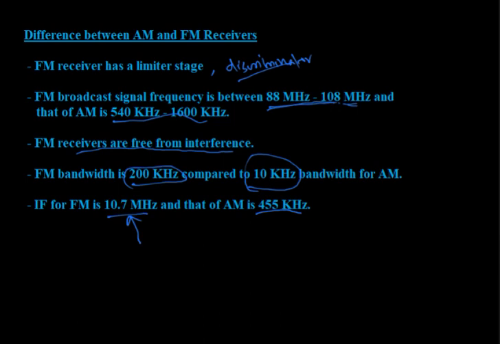That is, in the IF amplifier stages of FM we will have very fine tuning or fine amplification, since its intermediate frequency is very high compared to that of the amplitude modulated wave. That's all about the difference between AM and FM receivers.